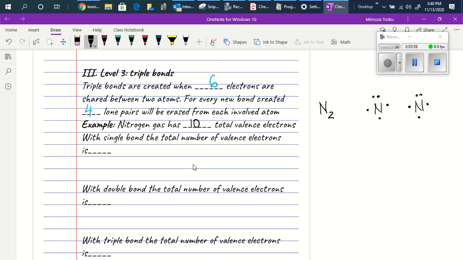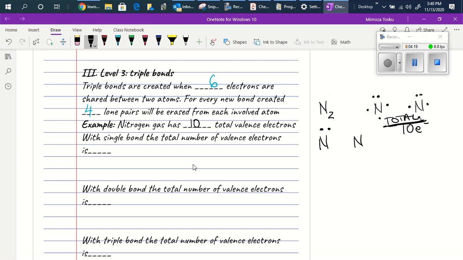So now let's see if we connect them with a single bond. So 10 electrons in total. Okay, so let's start placing the electrons in the outer shell by completing the octet rule.